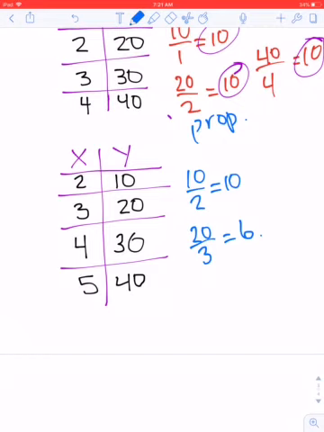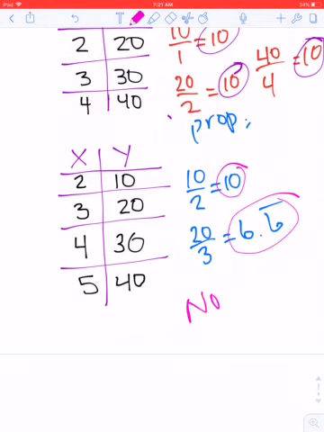Yeah, we get 6.6 repeating. Because the first two aren't even equal, we do not have to keep going because we know this has to be non-proportional.